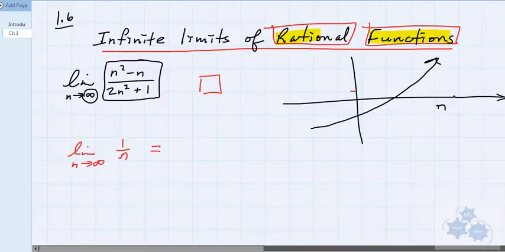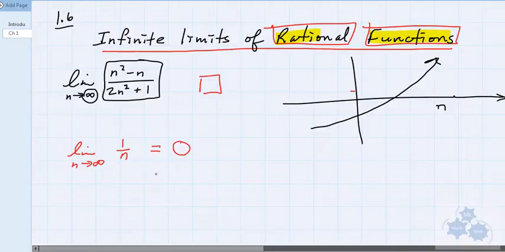If n was 100, the value would be 1/100. If n was 1,000,000, the value would be 1/1,000,000, right? So as n gets larger and larger, what do those values seem to get closer and closer to? They get smaller and smaller until they almost reach what value? 0. Very good. So this limit is 0.